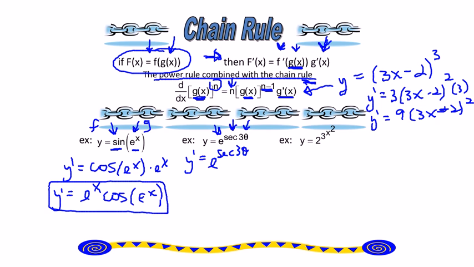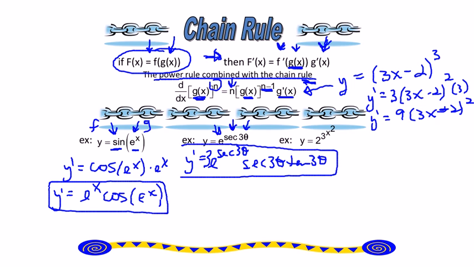The derivative of secant 3 theta is secant 3 theta tangent 3 theta, and then the innermost function is 3 theta. The derivative of 3 theta is just 3. So I'm going to put that 3 right up here. So that is our derivative. I know you're going to be kind of upset about this, we can't simplify it. It just pretty much stays that way. So this is basically a function, 3 theta, inside of secant, and secant 3 theta is inside of e. Yes, that's very cool.